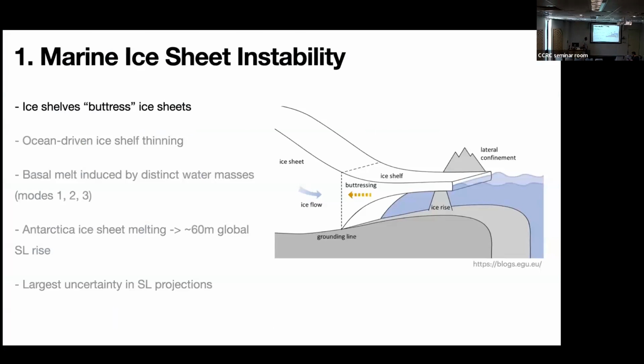The floating ice shelves are the oceanic termination of the ice sheet. And the ice shelves offer a back stress, called buttressing, that holds back the ice flow towards the ocean.